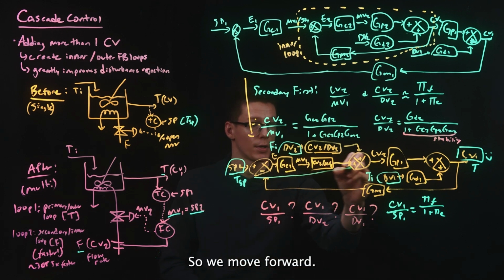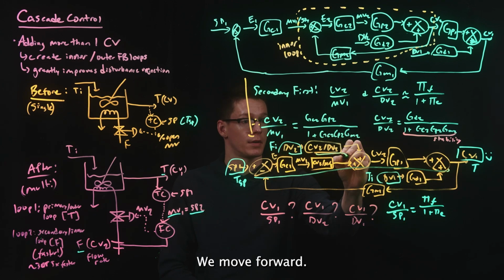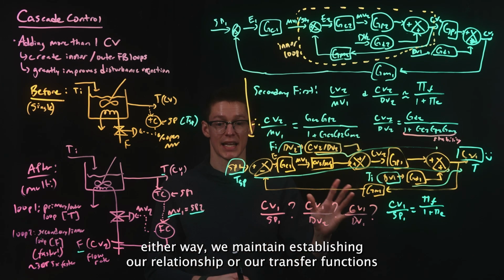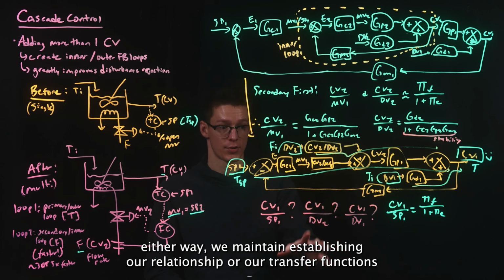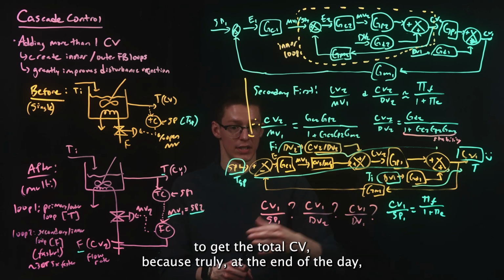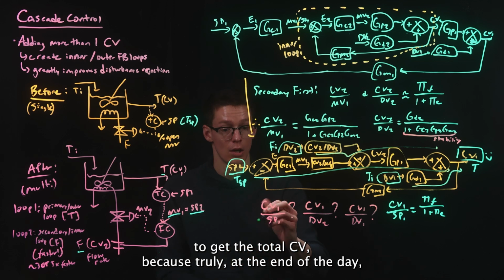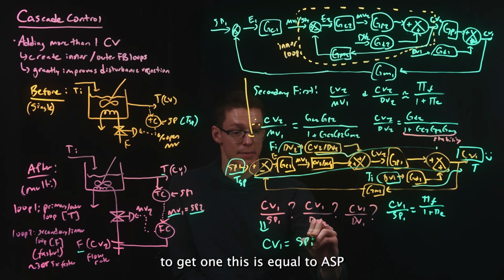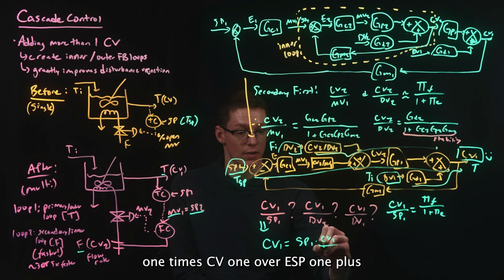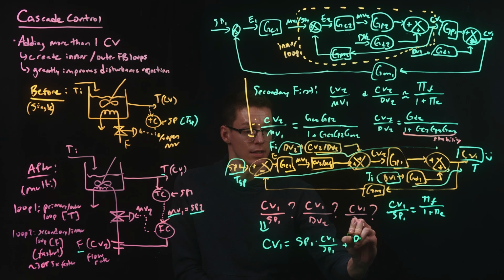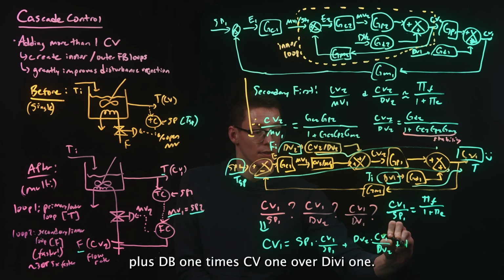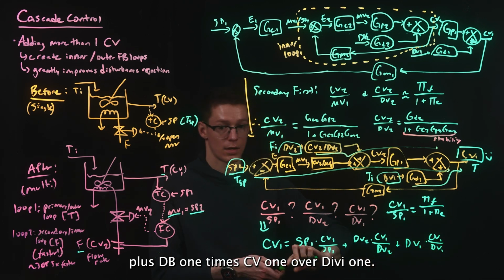We maintain establishing our relationship of our transfer functions to get the total CV. Because at the end of the day, CV1 is equal to SP1 times CV1 over SP1, plus DV2 times CV1 over DV2, plus DV1 times CV1 over DV1.